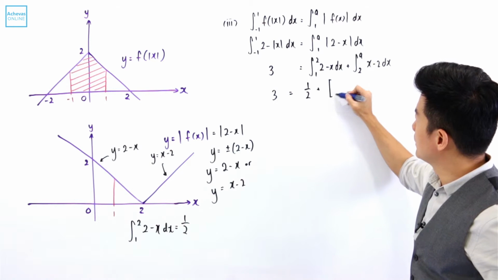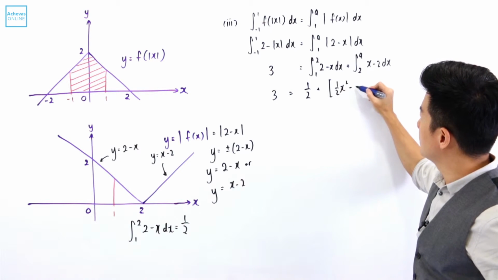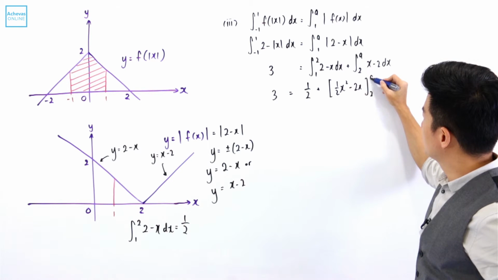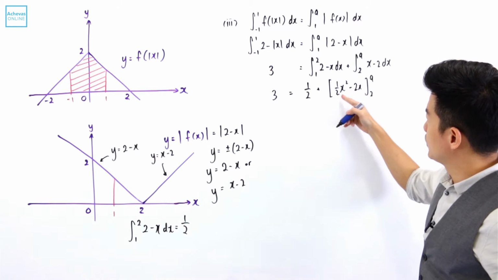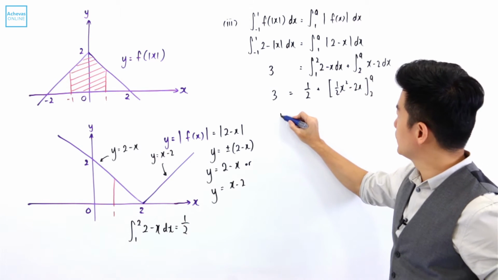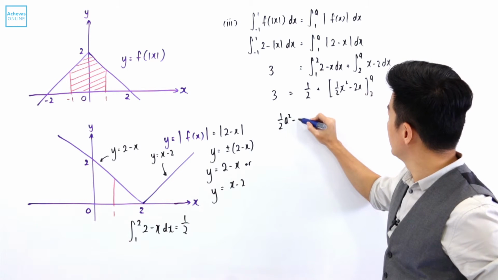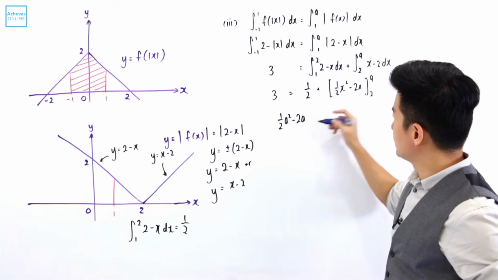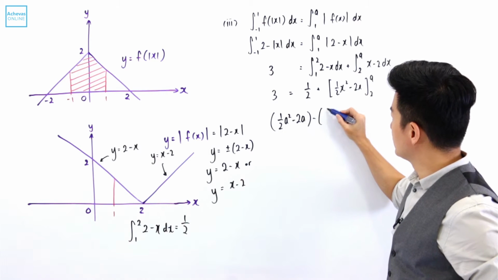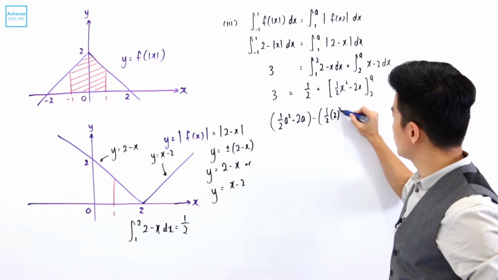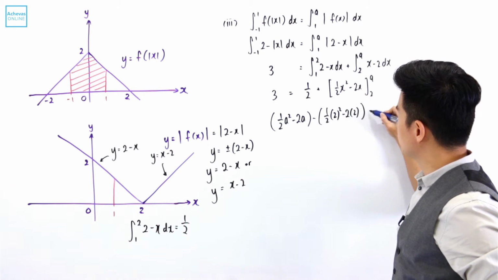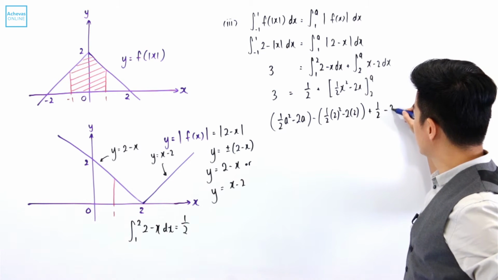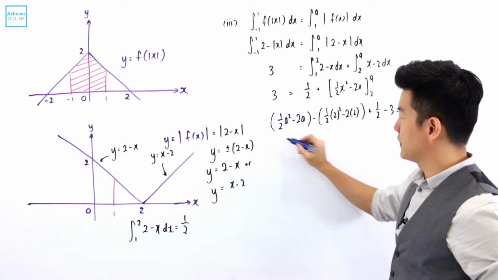And this is going to be 1 over 2 x squared minus 2x from 2 to a. So substituting a in, I'm going to get 1 over 2 a squared minus 2a. Substituting 2 in, it is going to be 1 over 2 of 2 squared minus 2 times 2, plus half, minus 3 is equal to 0.